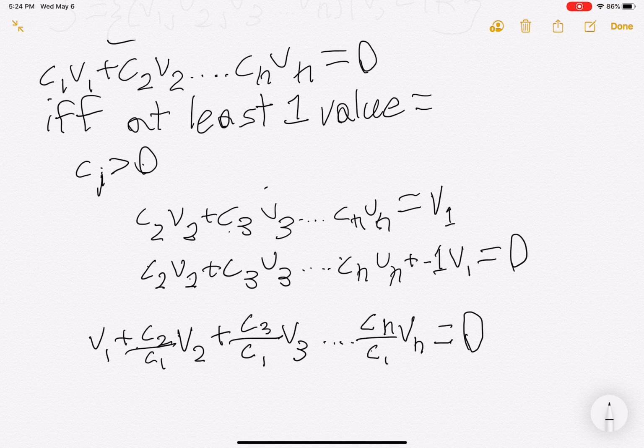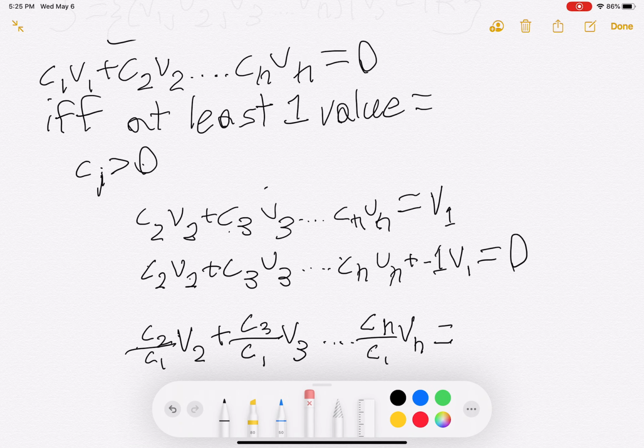And then we can minus both sides by v1, and we get negative v1, right? And we can multiply both sides by -1 to cancel the negative terms. And these all become negative.